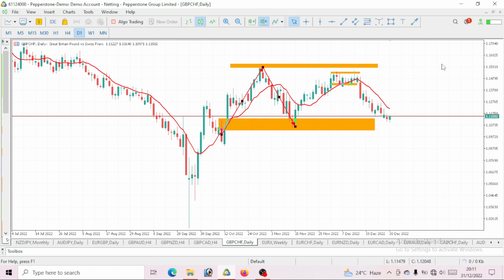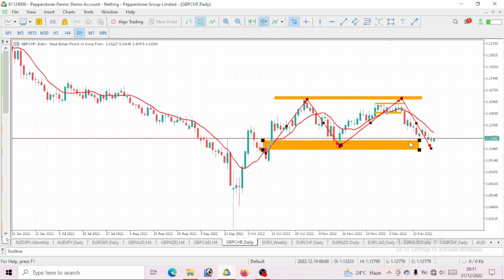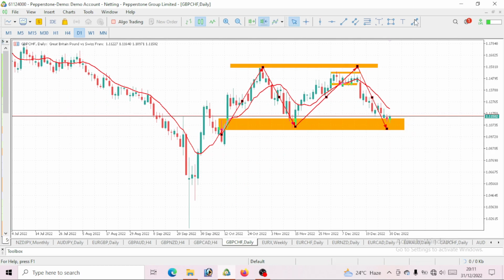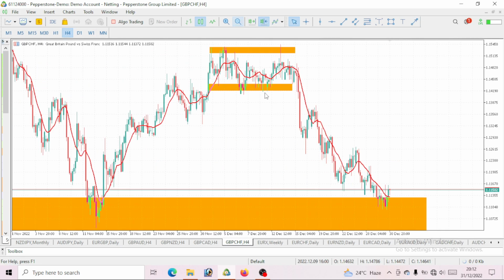Then we'll consider this to be a pullback. If price gets to this same level, we expect a pullback at this level. Then price should continue its bearish move, right? And the 4 hour time frame is still a bearish move. So we would want to go ahead and sell, especially if we would want to trade on this.